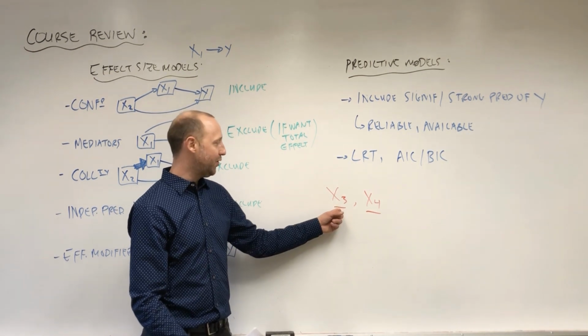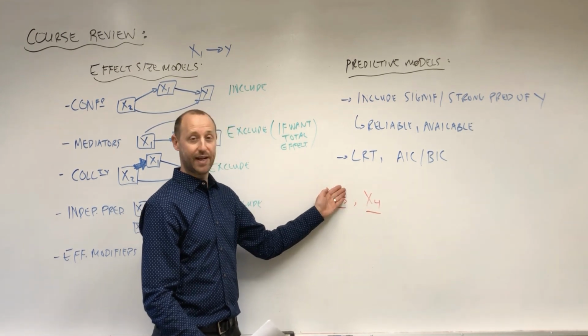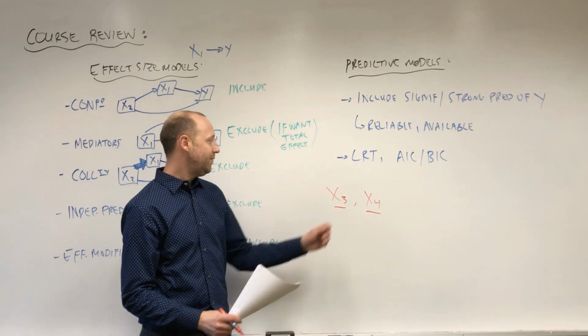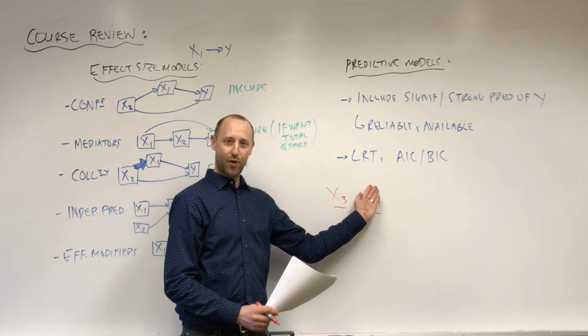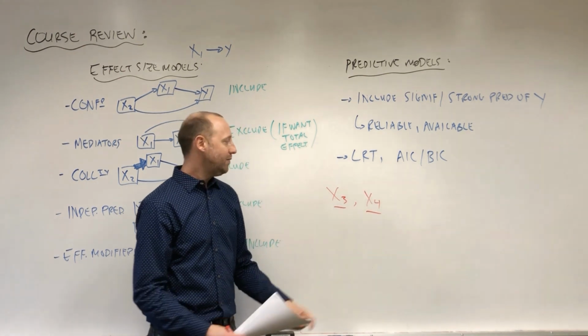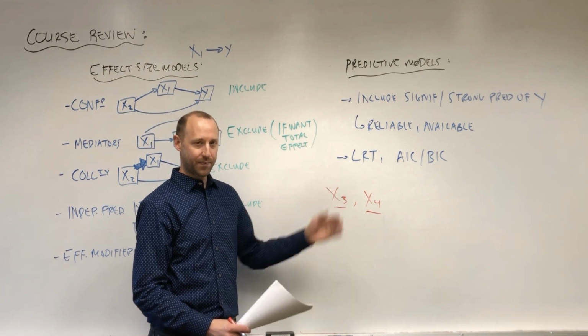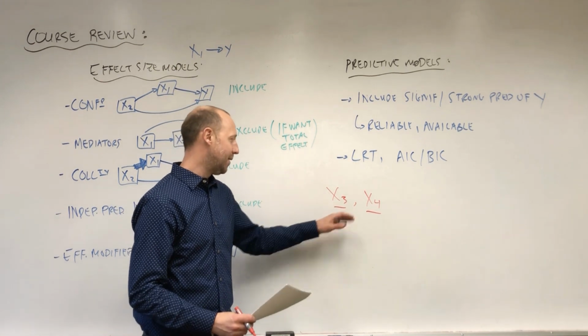If we include x3, we don't need x4. If we include x4, we no longer need x3. So these two variables contain almost the same information. Now, if we put x3 in the model first, we're probably going to find we don't need to include x4, whereas if we put x4 in our model first, we might find we don't need to include x3. So just a reminder, the order that we include variables in does matter.